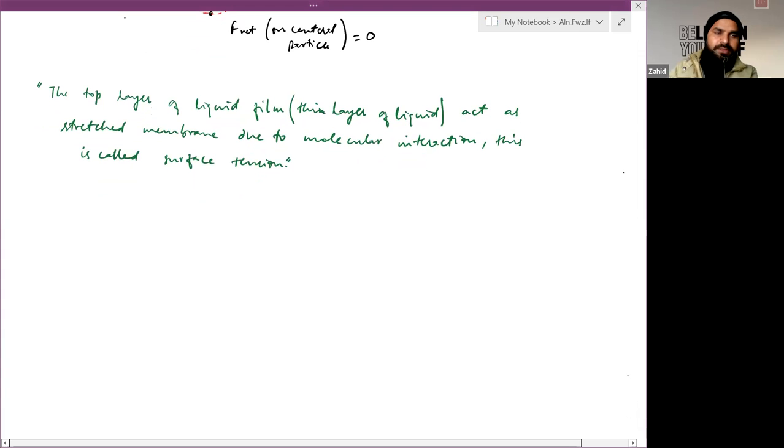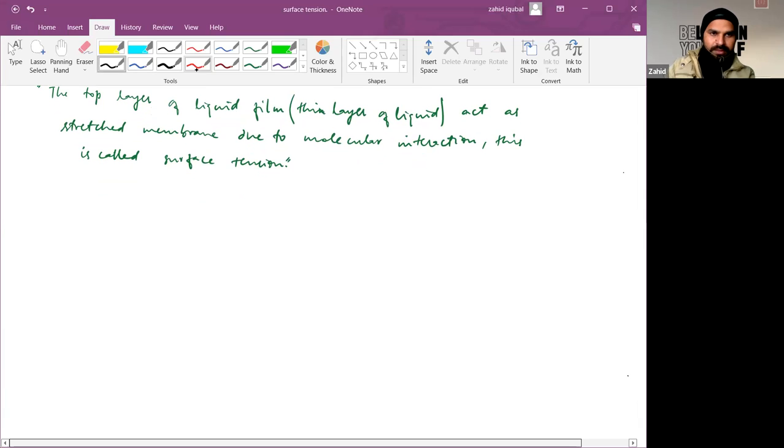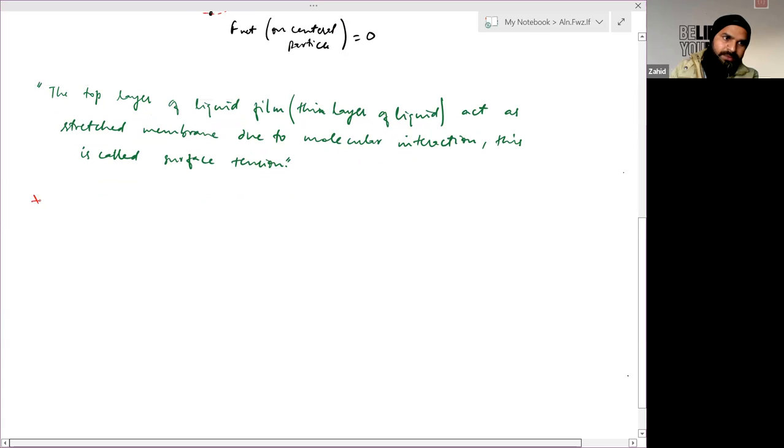In general, surface tension acts tangentially to the interface of two separating media. Let me define surface tension in some other way also.